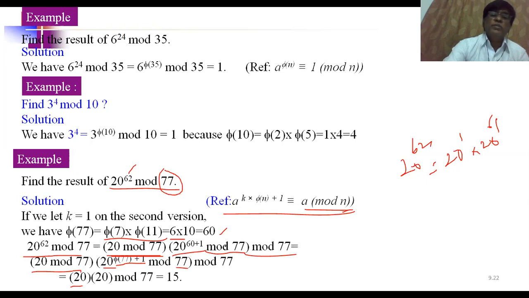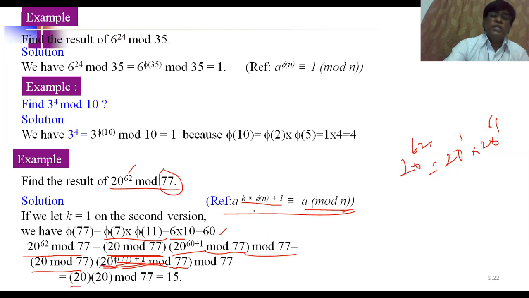So what is Euler's formula? A power k times phi n plus 1. Here the k value is 1. That's why 20 power 1 into phi 77 plus 1, that is 60 plus 1. So 20 power phi 77 plus 1 mod 77 is 20.